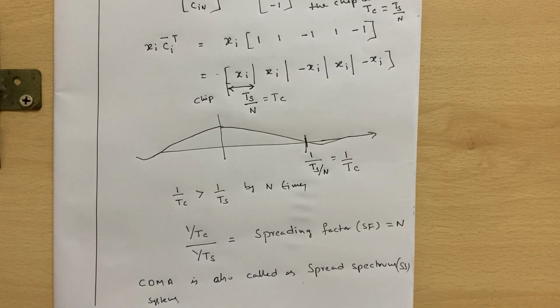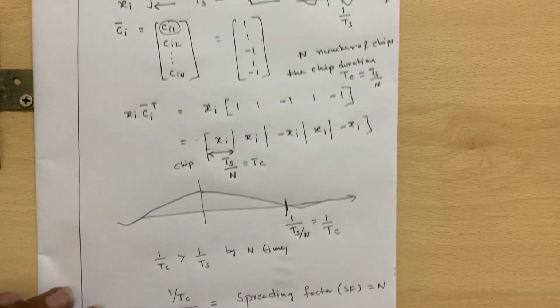This is how the communication takes place in direct sequence CDMA, and we will analyze its performance. First we will understand what the types of code words are and what the orthogonality between code words is, and then we will analyze the single user performance and multi-user performance using CDMA.